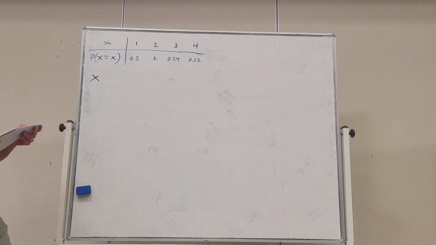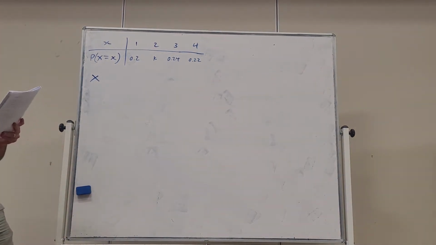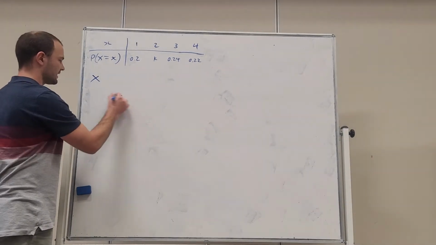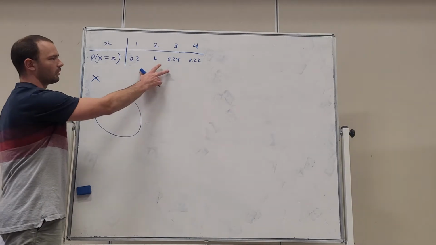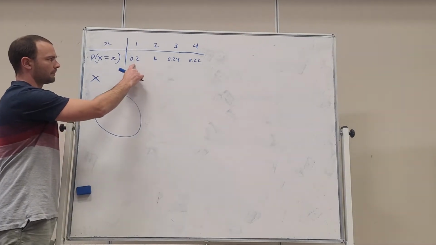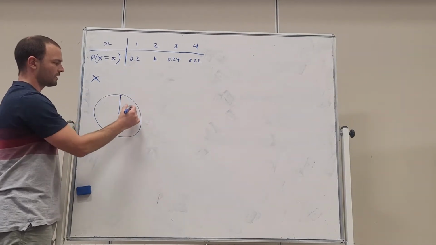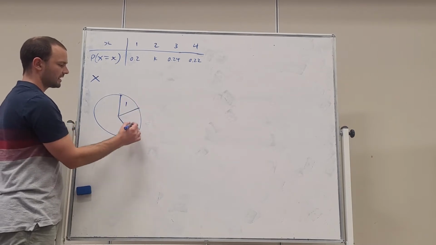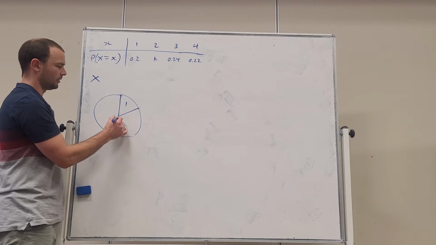In this one, I haven't made an example, I've just given a probability distribution. One way to think about it is as a spinner. They're not all equal, but one of them has a 0.2 chance of occurring, so that's event 1. Event 2 has a chance of K, which we'll figure out in a moment.